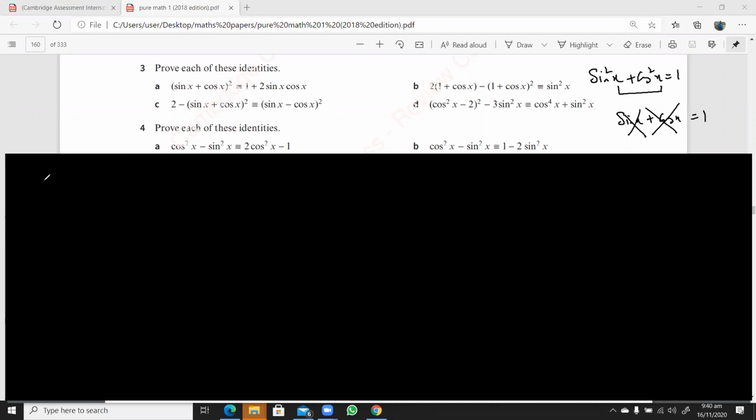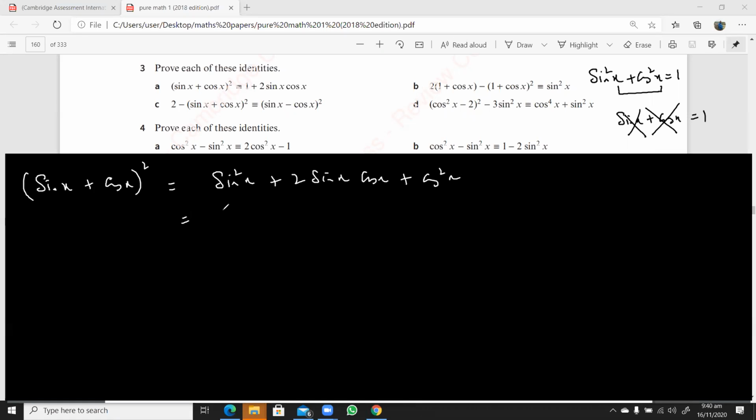please remember that whenever you have sine x plus cos x whole square, when you apply the whole square on it, this becomes sine square x plus 2 sine x cos x plus cos square x.